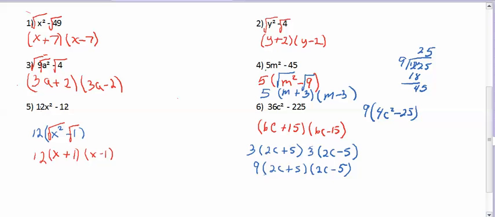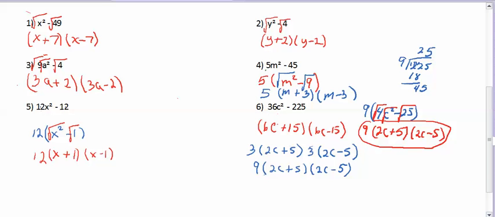So now, if I take the square root of 4, I get a 2. Square root of c squared, I get a c. Square root of 25, I get a 5, and then I get plus, and then I get a minus, and then I have a 9. So I ended up with the same thing.